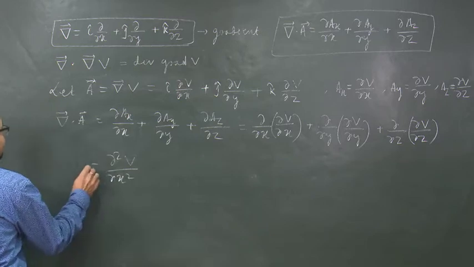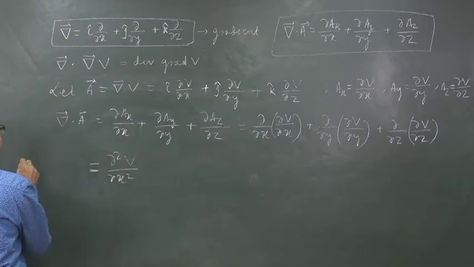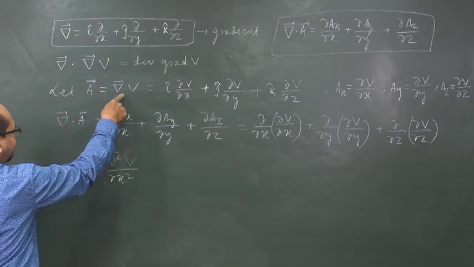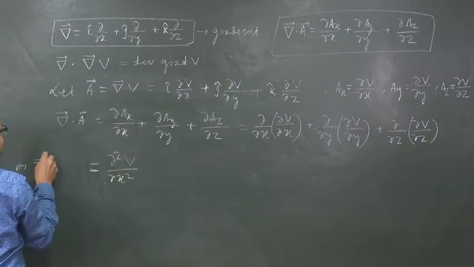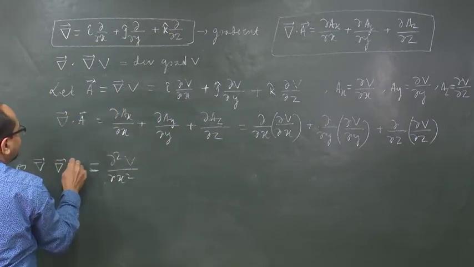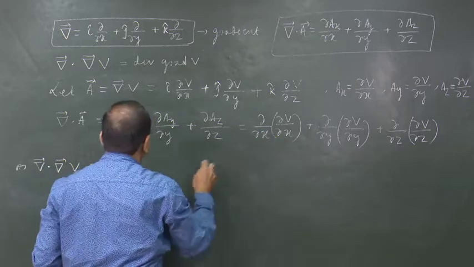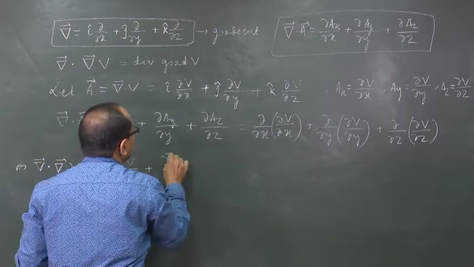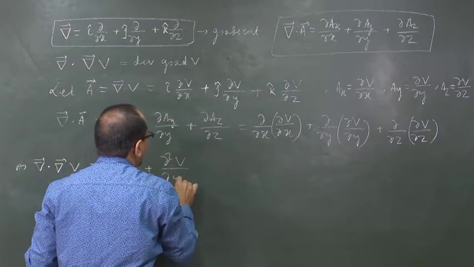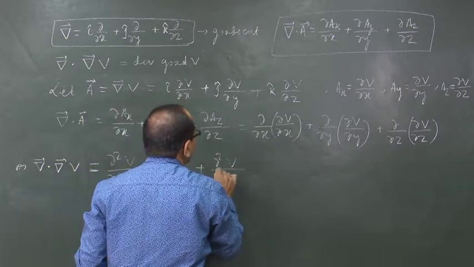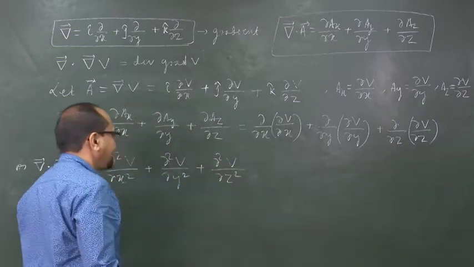Now, what is the left hand side? Divergence of A means, what is A? It is grad V. So the left hand side is divergence of grad V. Divergence of grad V is equal to del square V by del x square plus del square V by del y square plus del square V by del z square.